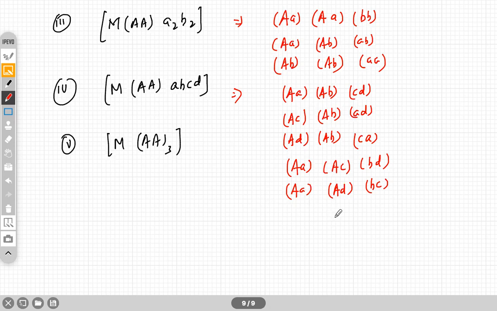Sir, which ACAD? ACAD. AC, AD. AD, and AB. AB. 6 GI possible like this.